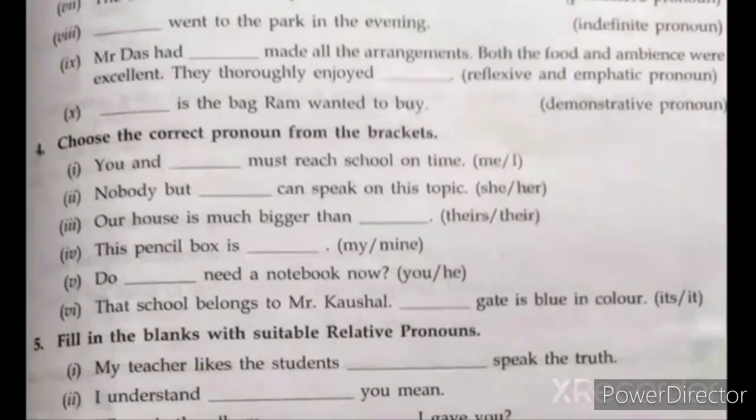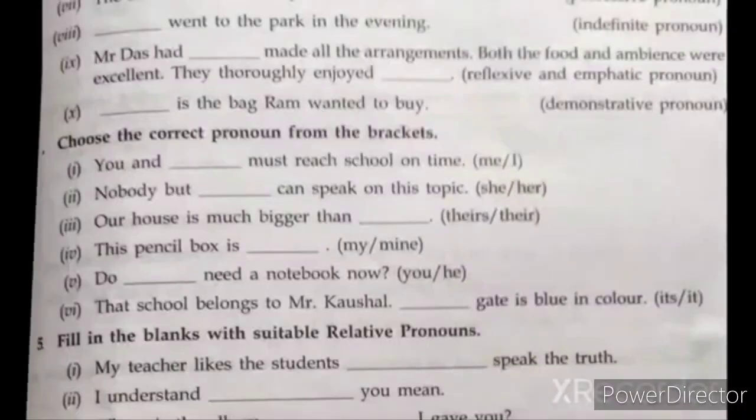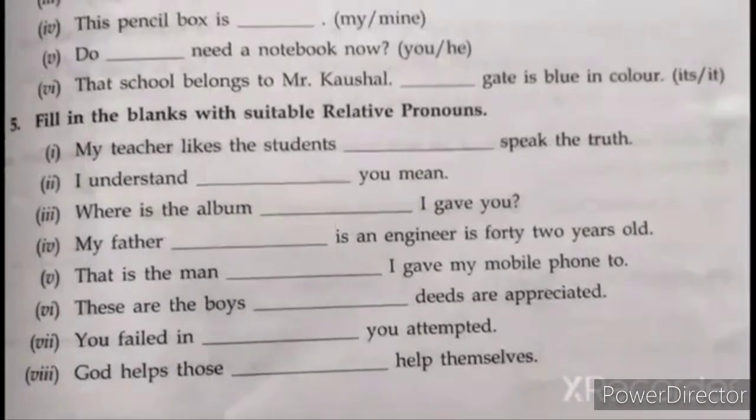So what will be the pronoun? Me or I? Yes, the answer is: you and I must reach school on time. We cannot say me, because you and I can go to school. So the answer is you and I must reach school on time. Children, do the remaining exercise on your own and find out the answer.